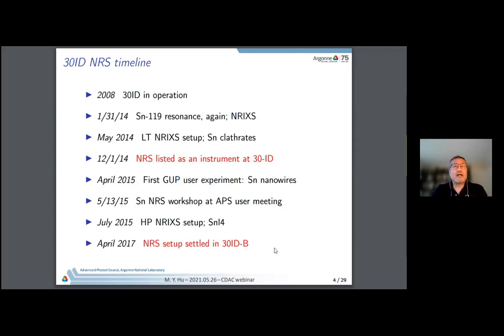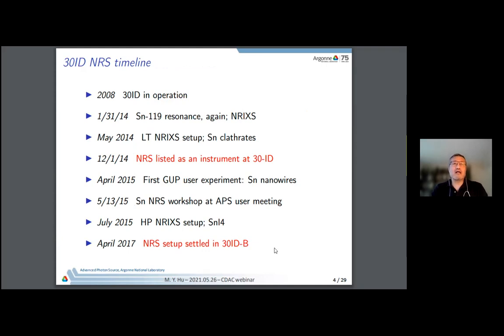Another thing, briefly, about sector 30. Sector 30 is a relatively newer beamline, built later at APS. It started operation in 2008. Even though its design was done with nuclear resonance in mind, the program wasn't started for a couple of years.